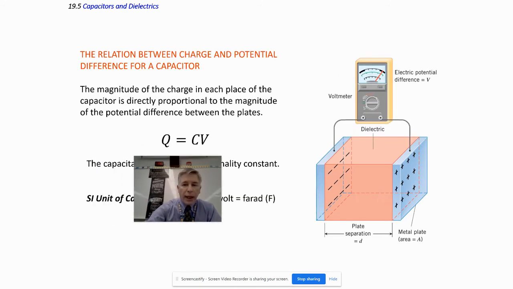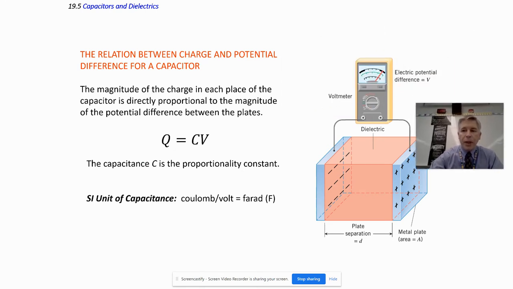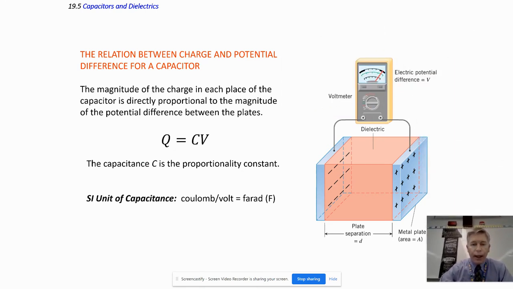Now, the true relationship for a capacitor is this little relationship here: the charge that you can actually place on either plate, the quantity of charge, is proportional to the voltage or potential difference across the plates. And this relationship between Q and V, the charge on each plate, so it's not the total charge, but actually the quantity of charge on either plate over the voltage, is a thing called the capacitance.